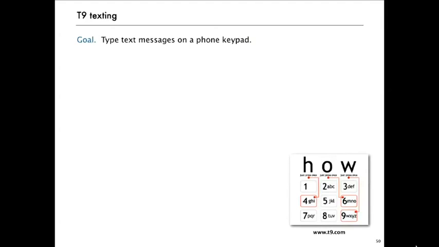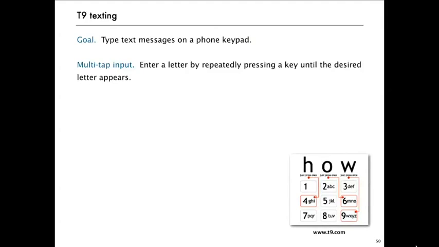An application of this one is so-called T9 texting. Now, when we do a course like this, we try to keep up with modern technology, and modern technology is moving almost as fast as we can.